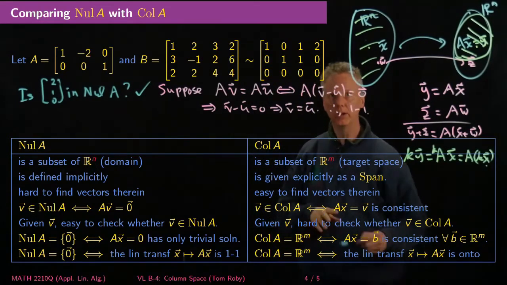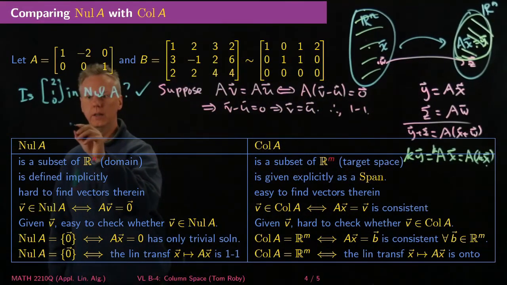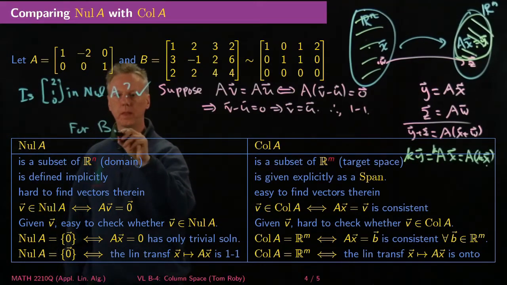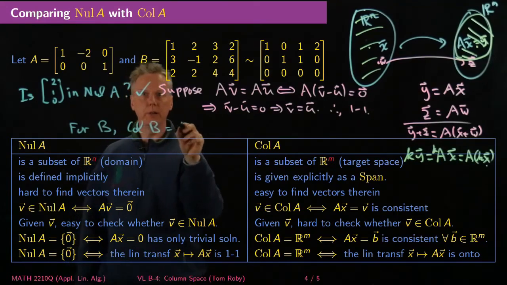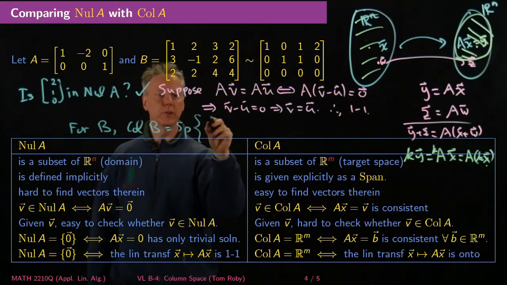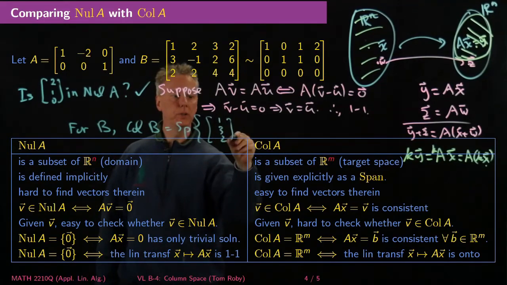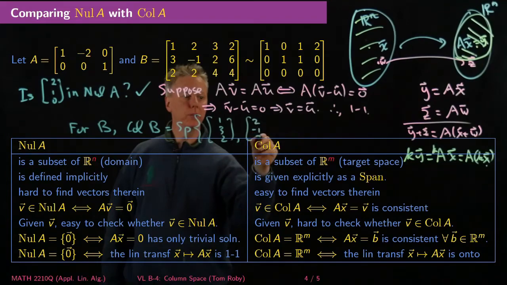So maybe I'll just write that down. For B, the column space of B is equal to the span of just the first two columns, (1, 3, 2) and (2, -1, 2).